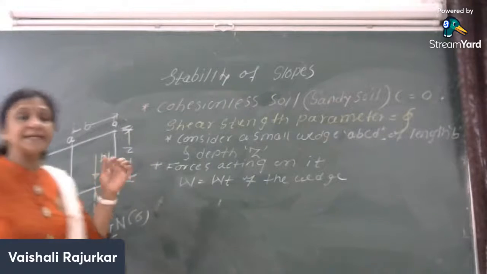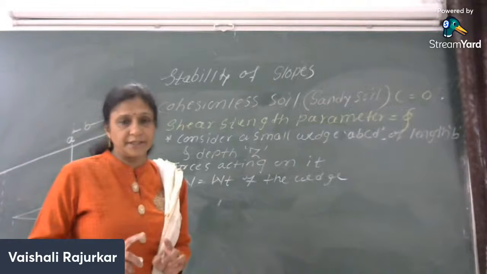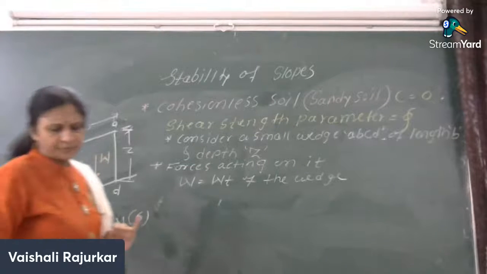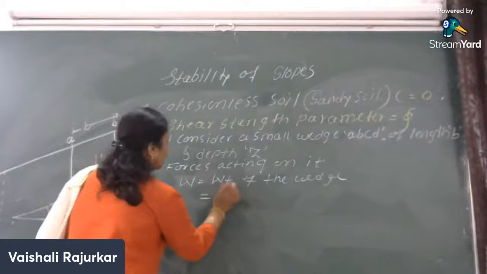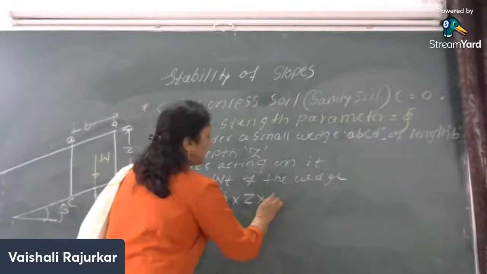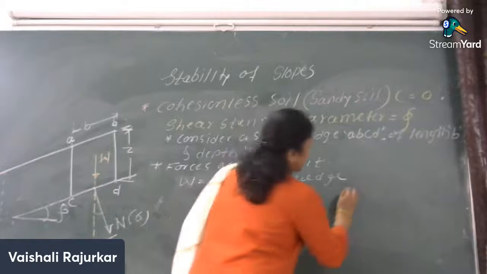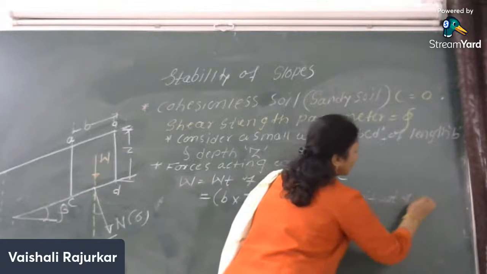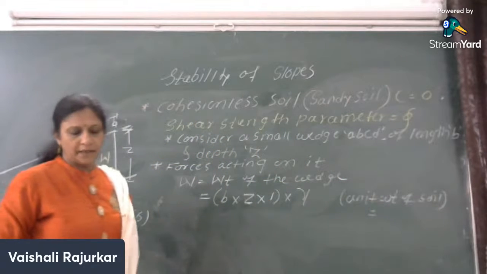Here, since it is an infinite slope, we will consider the length component as unity. Therefore, the area is B into Z. So W is equal to B into Z into 1 into density. This density is the unit weight of soil, denoted by gamma.